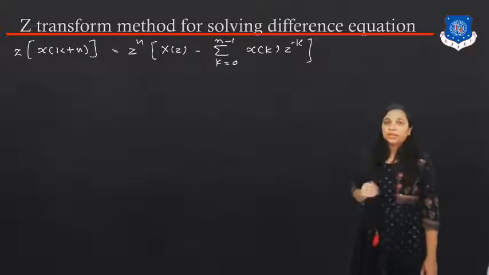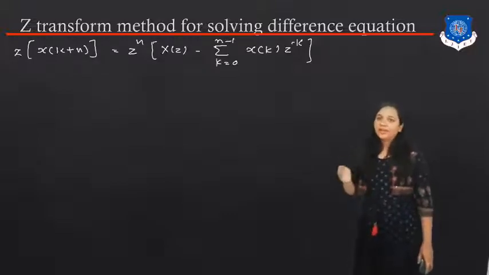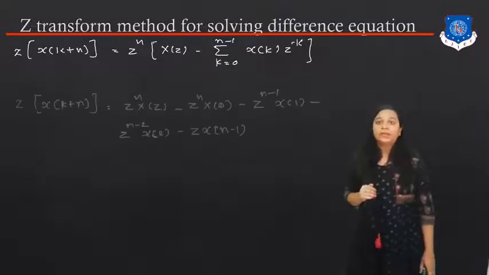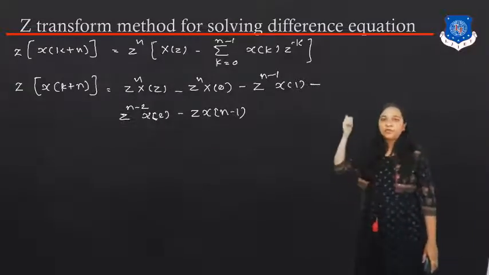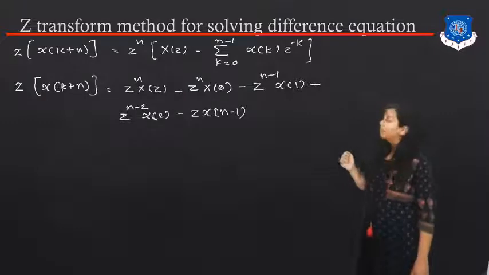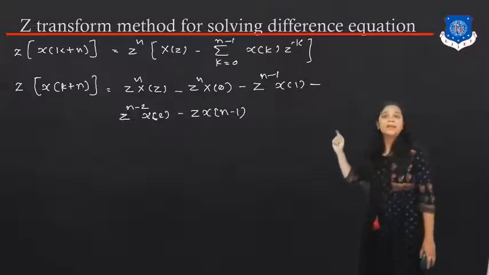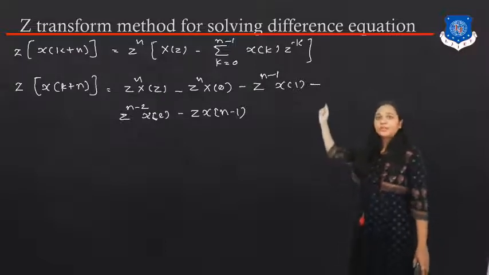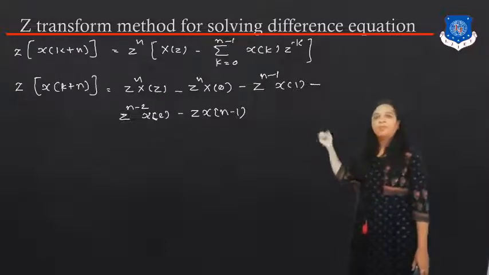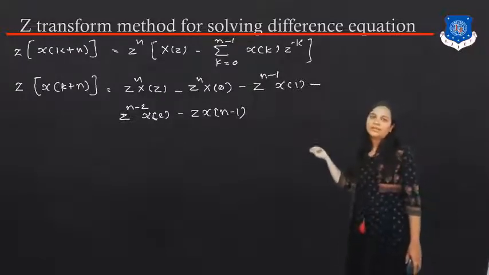Now, this is the simplified version of x(k+n). The next step is to simplify the above equation. So here you can see that Z of x(k+n) is equal to z raised to n, as it is, times X(z), multiplied with z raised to n.